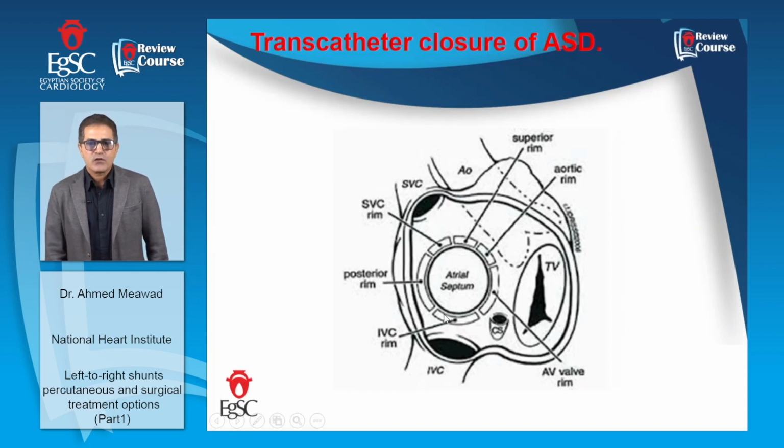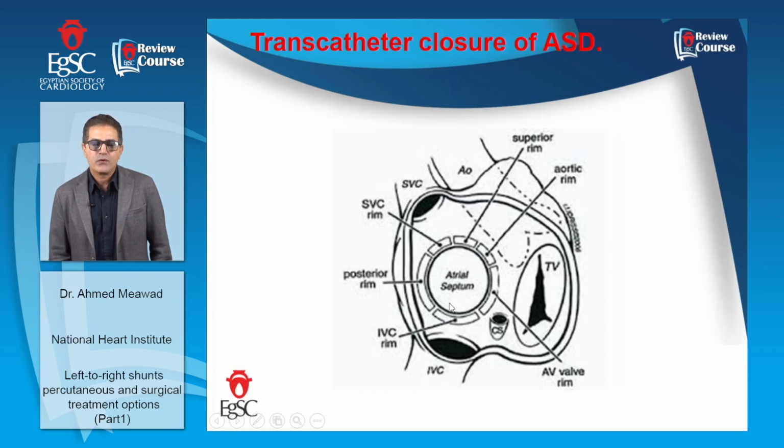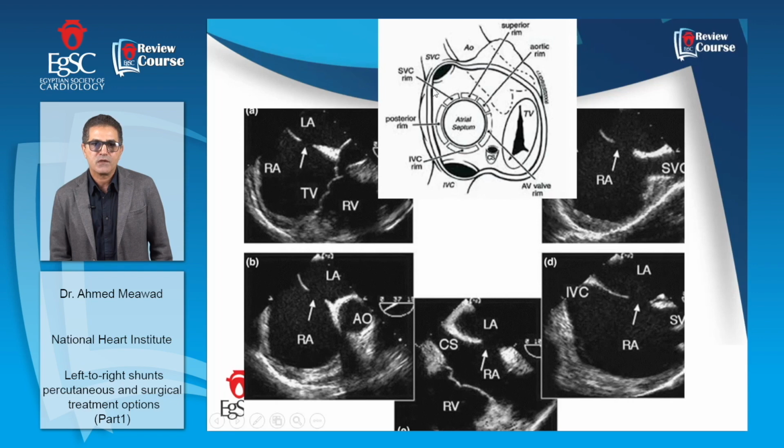For the transcatheter closure of ASD, we have to evaluate the defect properly regarding the rims all around the defect and the site of the defect, it should be secundum type, sure.